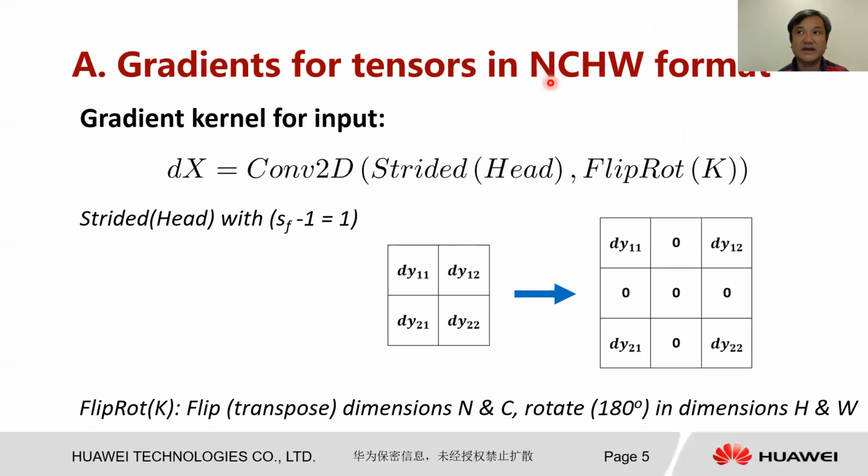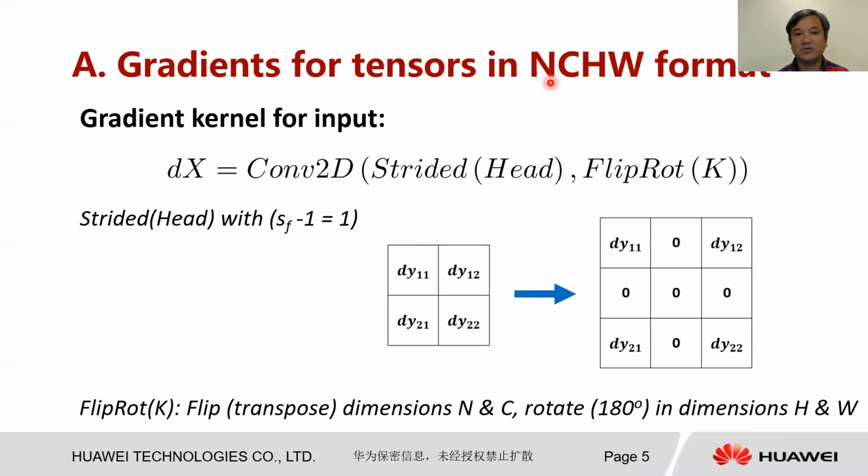You can see that dx can be calculated as a convolution of a strided y hat and a flip-rotation of the kernel. By strided y hat, we mean that from the y hat in the h and w dimensions, we insert a number of zero-filled rows and columns between the rows and columns of y hat.